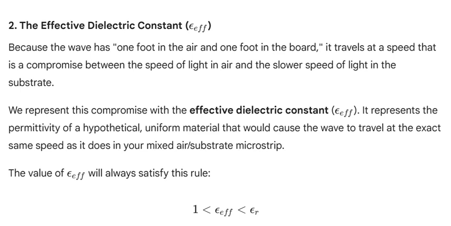It represents the permittivity of a hypothetical, uniform material that would cause the wave to travel at the exact same speed as it does in your mixed air-substrate microstrip. The value of epsilon effective will always satisfy this rule: 1 is less than epsilon effective, which is less than epsilon r of the substrate dielectric constant.